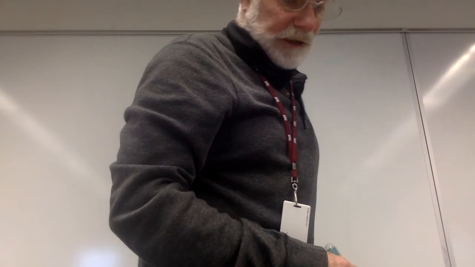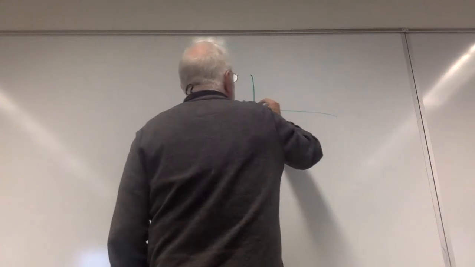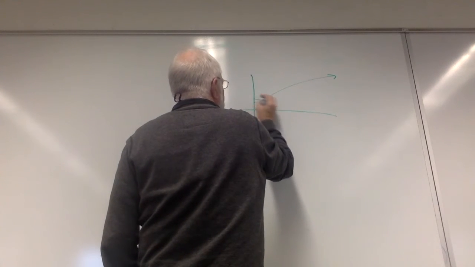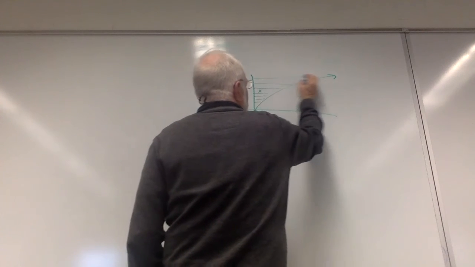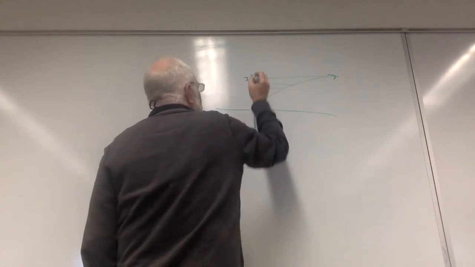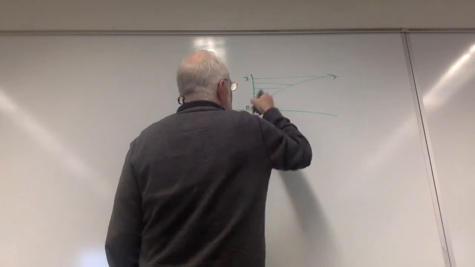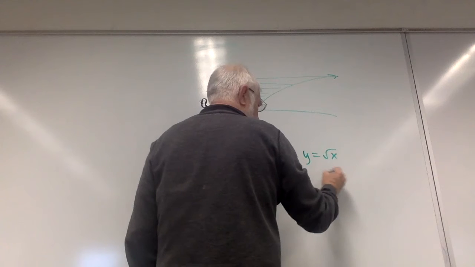Let's see. Oh, same area, but in terms of y. Oh, I wonder how we do that. In terms of y, that means I'm adding up all these x distances until I get to a height of 3. And I'm going to do that from 0 to 3. I wonder how I can get those x distances for y equals square root of x. I wonder what x equals.